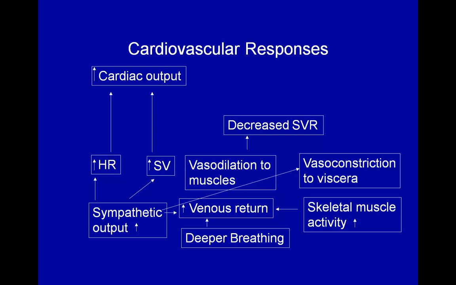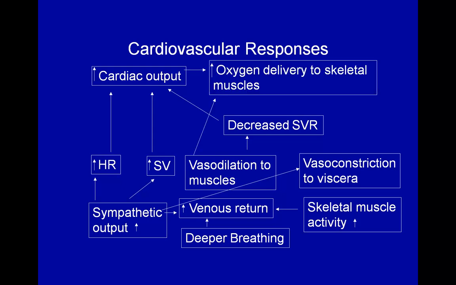Since we're vasodilating hopefully a large muscle mass with large body aerobic exercise, we're going to decrease SVR, and that's a good thing because if resistance stayed high, it would be very difficult for this heart to generate that increased cardiac output because it would have to pump against a greater afterload. So that also helps us increase cardiac output, and we want to get this oxygen delivery to the exercising skeletal muscles as well as the heart, the diaphragm, other muscles of breathing.